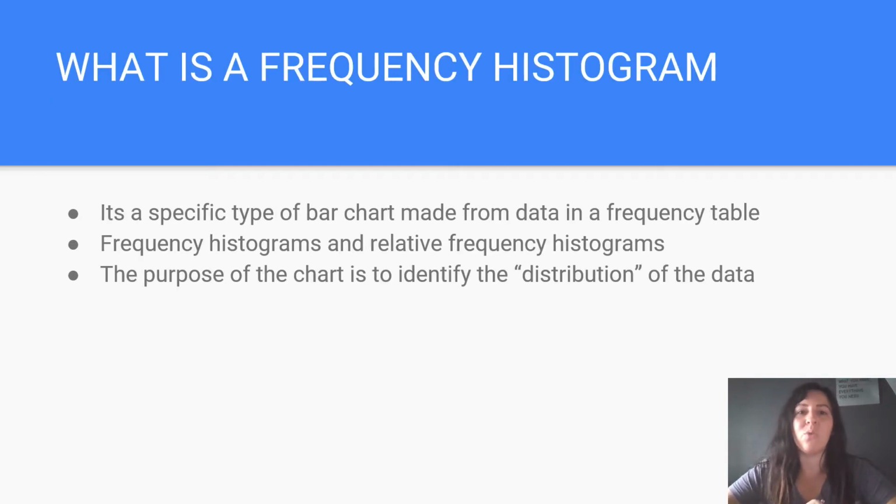First of all, what is a frequency histogram? It's a very specific type of bar chart that's made from data in a frequency table. In the next slide, we'll go over what a frequency table is.